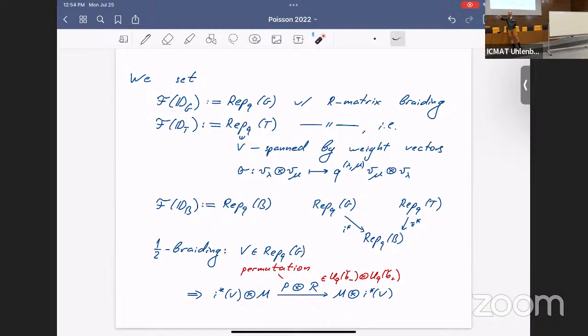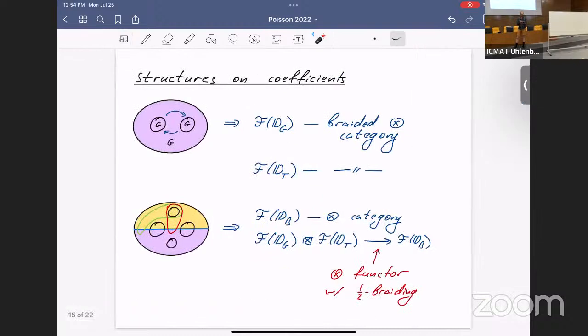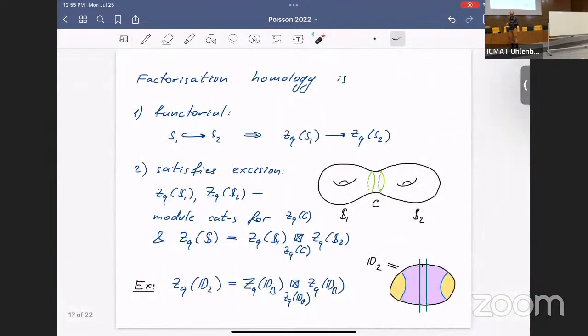I want to have a morphism to M tensor I star of B, right? Well, I first apply the R matrix, which acts here indeed, and then I apply permutation, right? So that will give me this half braiding as in my picture. And indeed, if you see what happens here, it's just a map from G to B, and then I do some sort of braiding. All right.